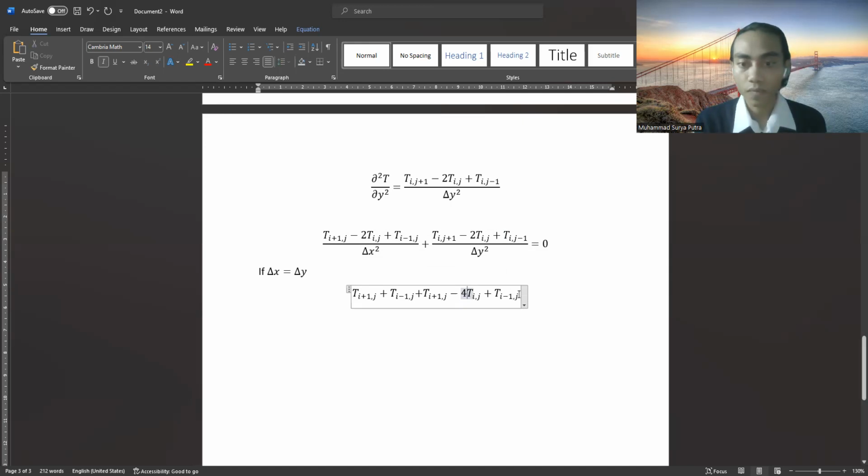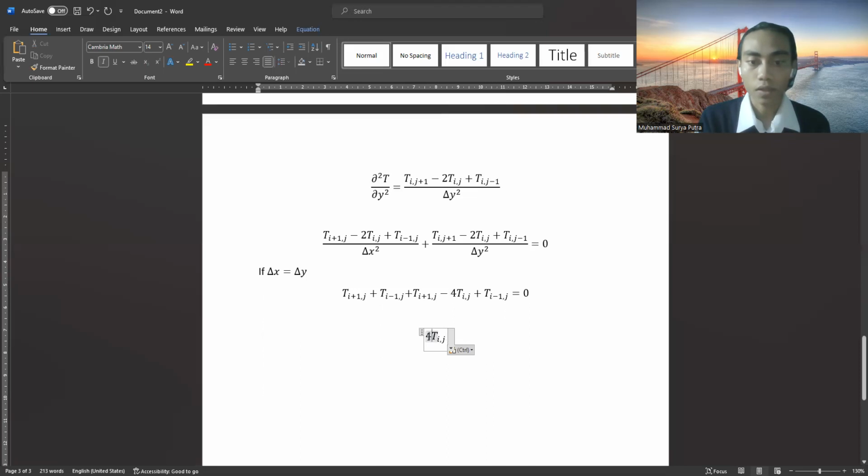Four is equal to, of course, 0. And then if we wanna calculate the T, this one, we can get the equation.